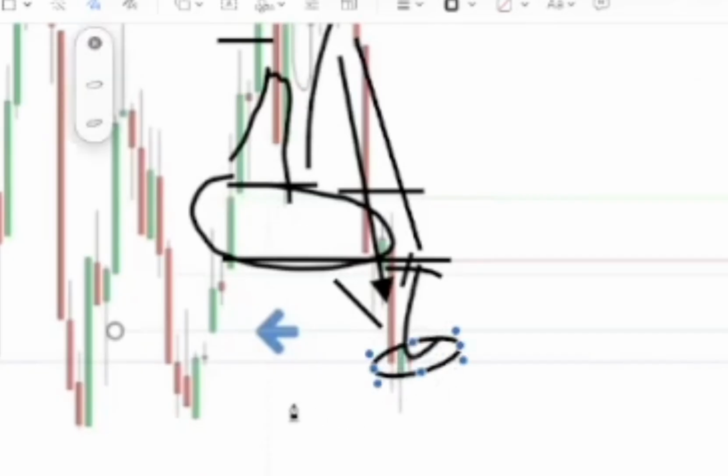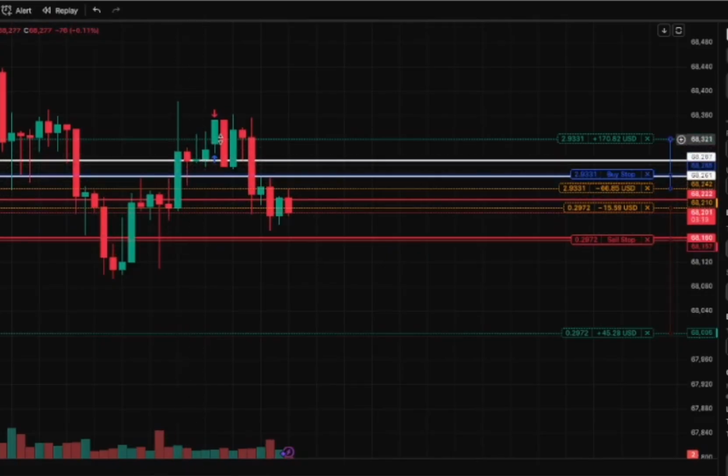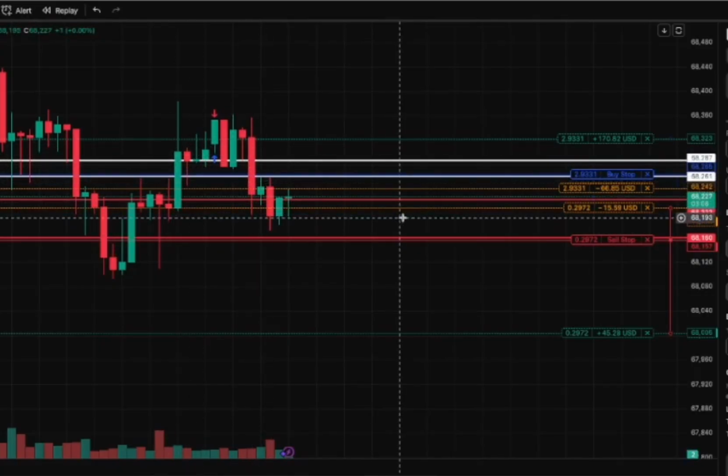And if you notice something funny, that is where we actually drew that little tiny fair value gap, which is crazy.